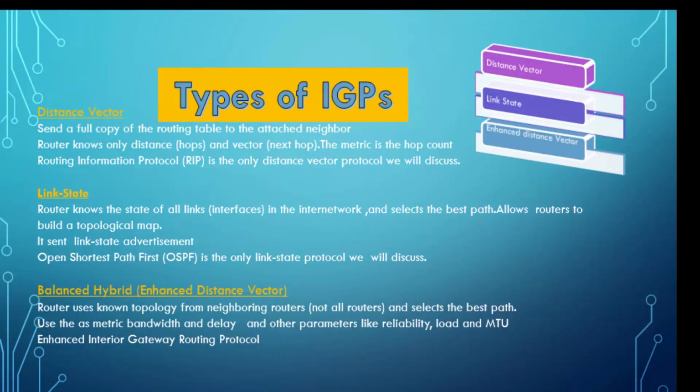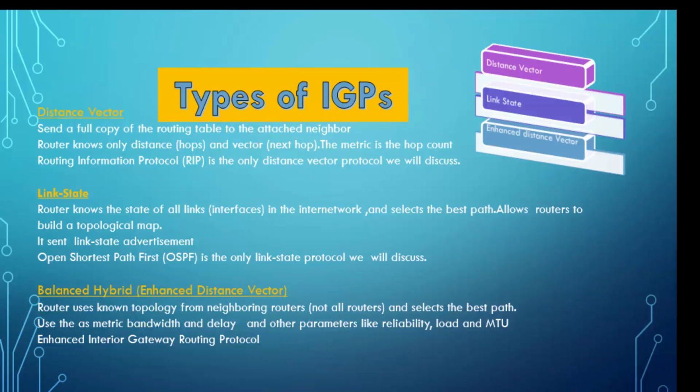Link state. The router knows the state of all the links and interfaces in the internetwork and selects the best path. It allows routers to build a topology map. It's a link state advertisement, LSA. Open Shortest Path First, or OSPF, is the only link state protocol that we are going to discuss.